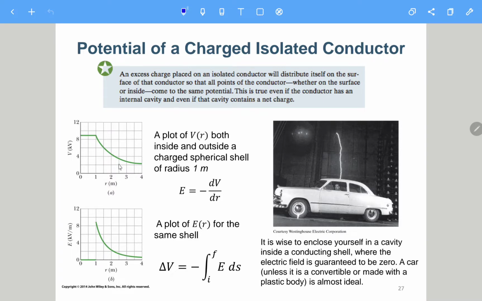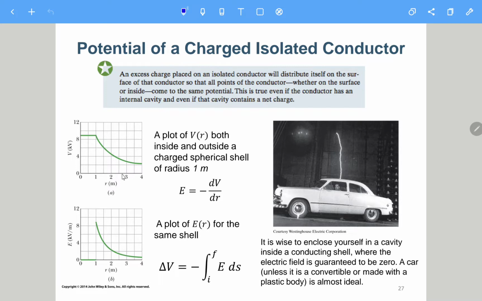This page also tells you that if you know the electric potential, you can get the electric field by taking the derivative and multiplying by -1. Or inversely, you can have the electric field first, take the line integral, and then take the negative sign, and you get the potential difference.